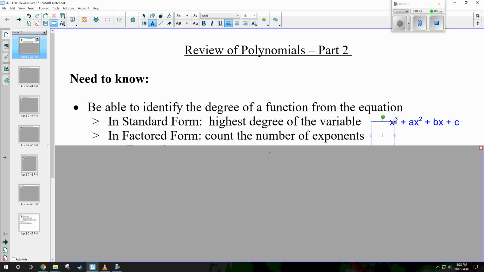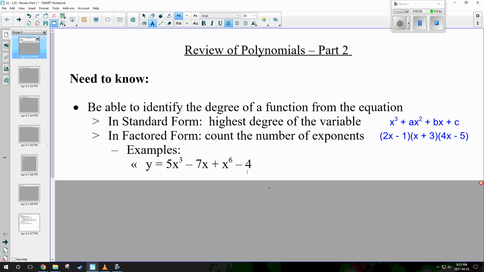So that could look something like this: 2x minus 1, bracket, x plus 3, bracket, 4x minus 5. So it might look something like that when it's in factored form. And remember, we just count up the number of exponents on the x's to get our degree. So let's look at a couple of examples.